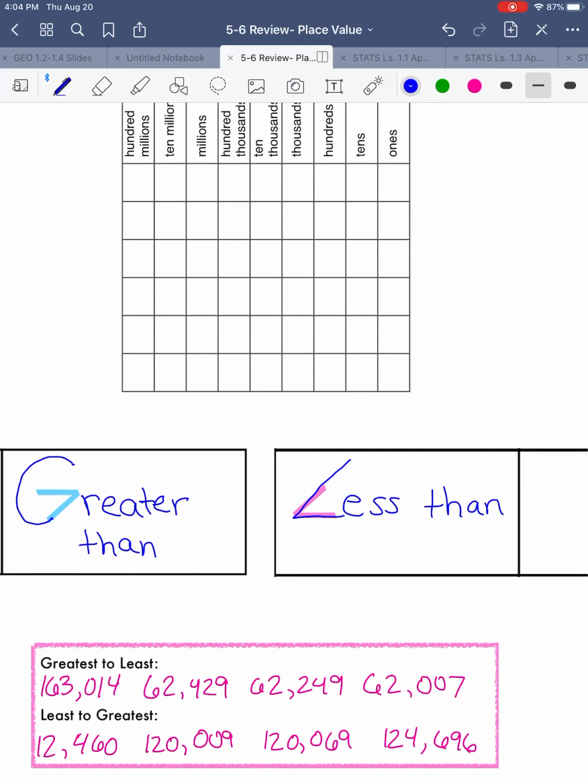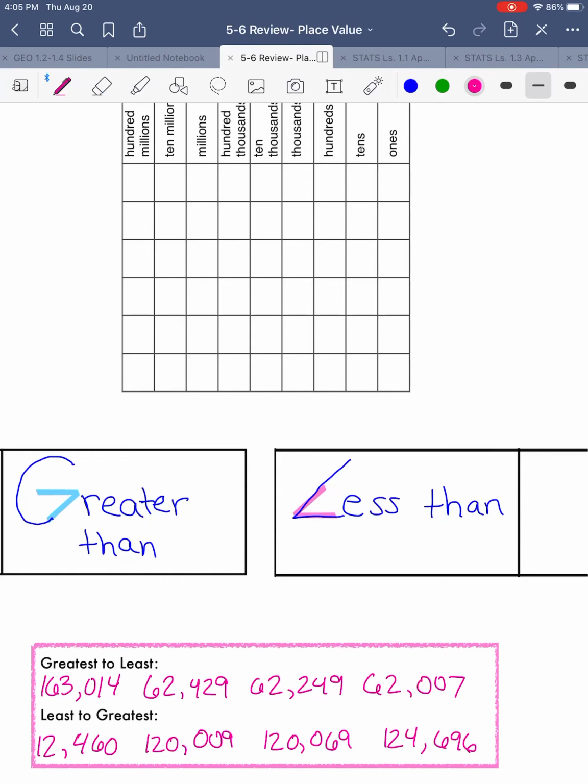So for example, if I wrote something like 62 and 78, okay? And I asked you to read that. This does not look like a G, okay? It's not going the correct way. It looks more like an L. So we would say less than. 62 is less than 78.